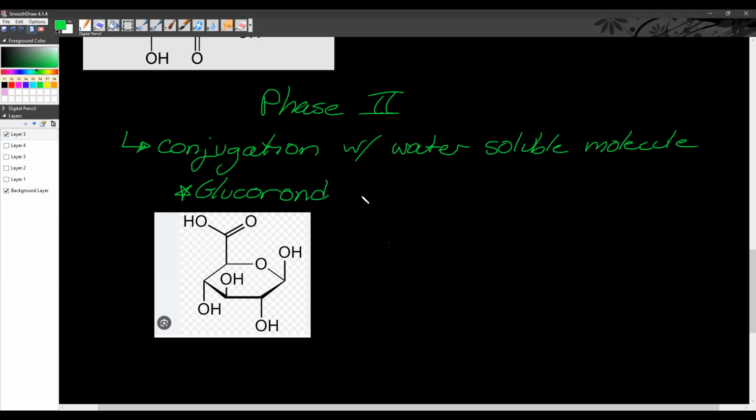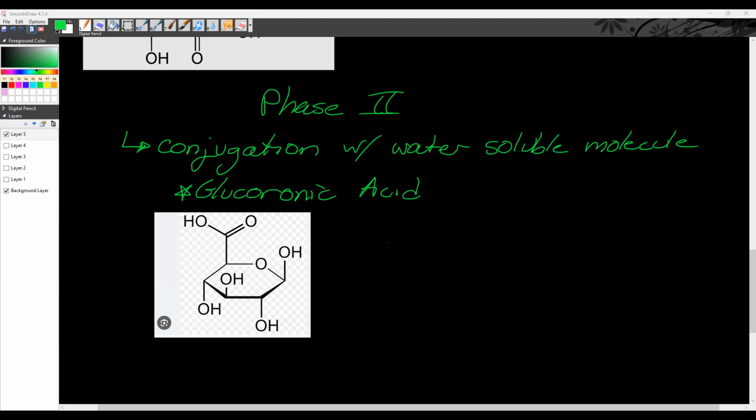Glucuronic acid is very, very, very water soluble. You stick one of these things onto a drug and you are going to help it get out of the body super easily. And part of that is because of all the different OH groups that are on glucose.